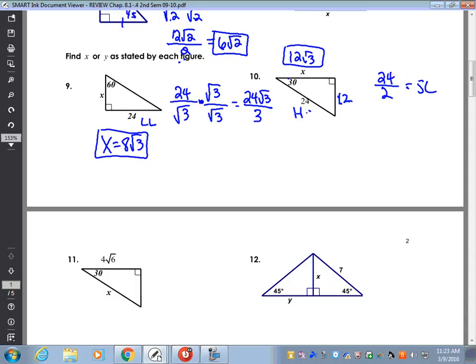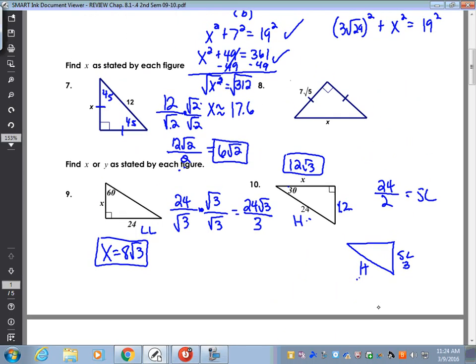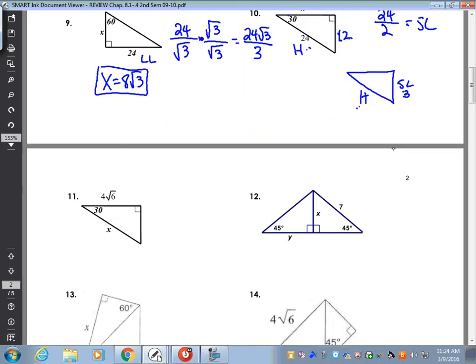Oh, so which one is it when you don't use the square root, you just multiply by 2? It would be this one if I had the short leg, and let's say the short leg was 3. To get to the hypotenuse, you multiply by 2. Yeah, that's it.